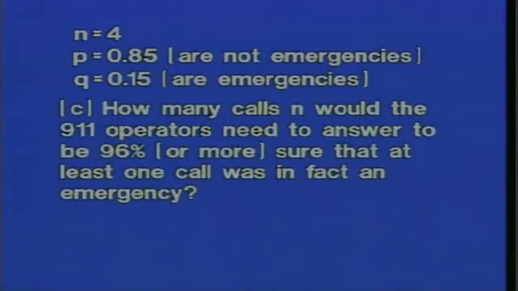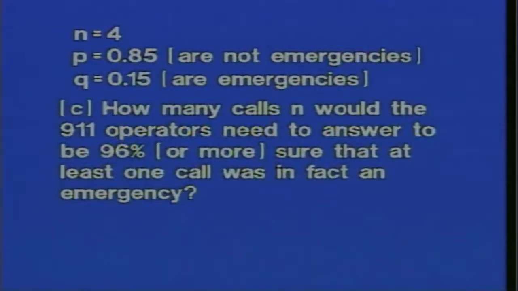Now take a look at this part of the problem and think about it with me. How many calls in would the 911 operators need to answer to be 96% or more sure that at least one call was in fact an emergency?